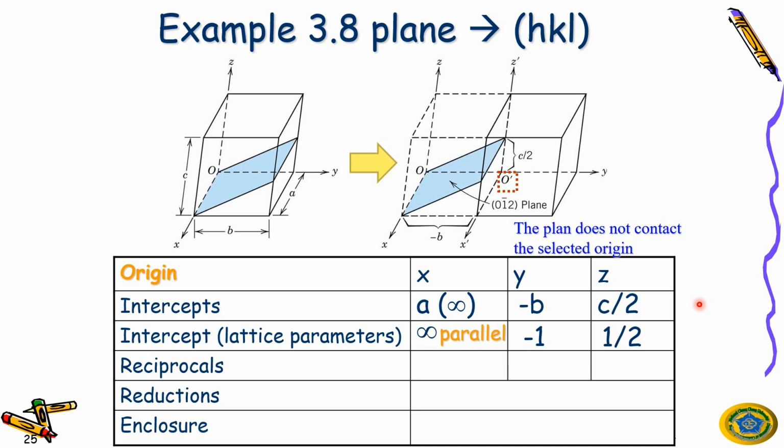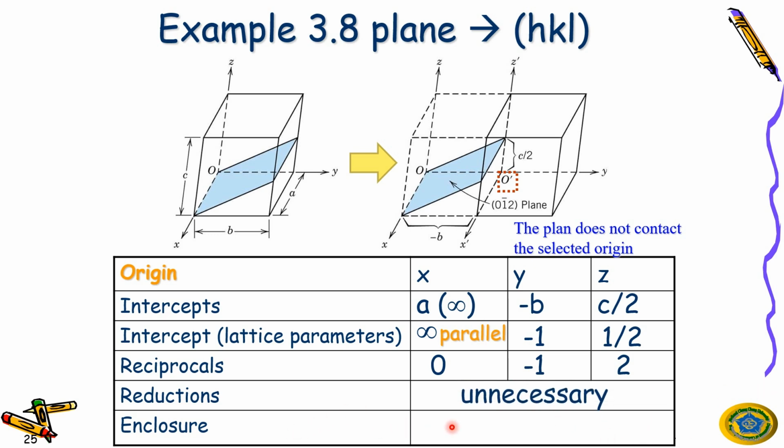And then after that, what is step 3? Reciprocal, right? Reciprocal of infinite will be 0. Reciprocal of -1 will be -1. Reciprocal of half will be 2. And then you might want to make these the smallest integers. 0, -1, 2 is unnecessary, it's not necessary.